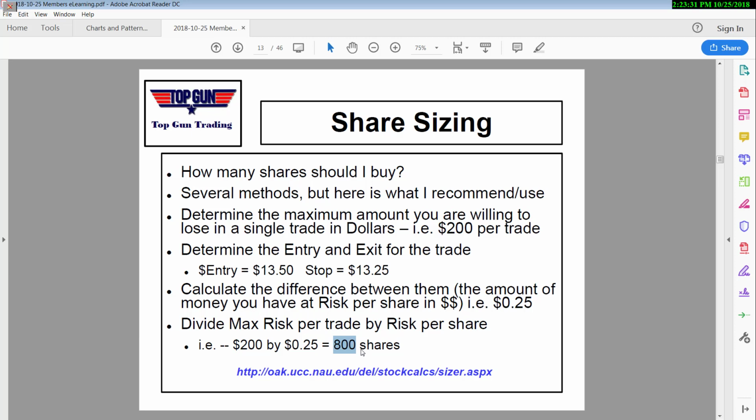Now, if we've got high volatility, I have the option to reduce this. I don't have the option to exceed that number because my maximum amount that I wanted to have at risk is defined by the $200 amount and how much the stop is. So I cannot exceed 800, but I can go lower. I can go down to 600 or 400.